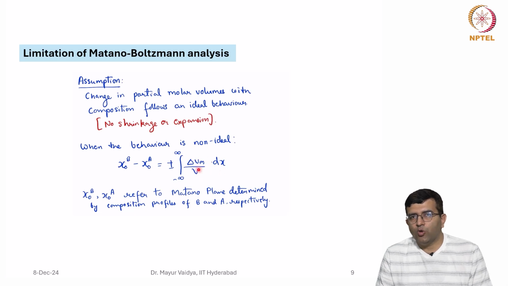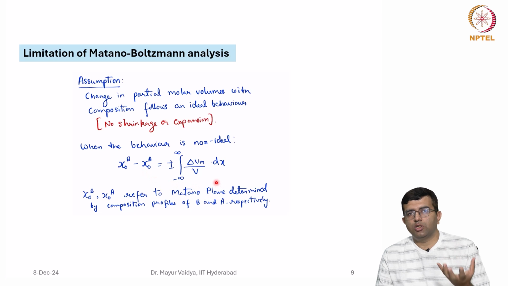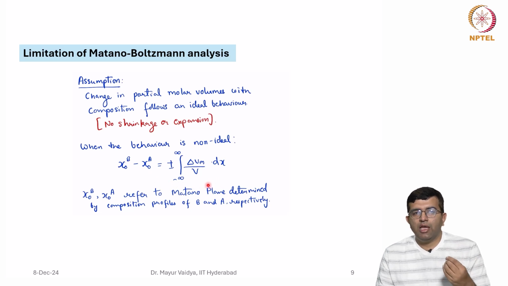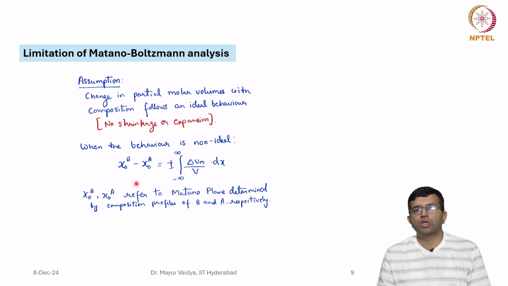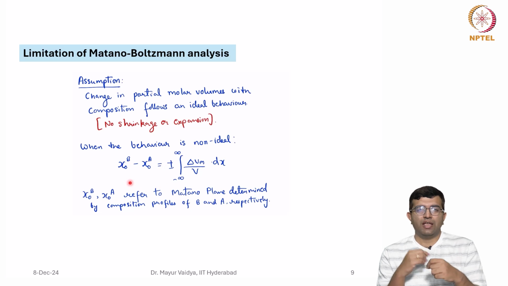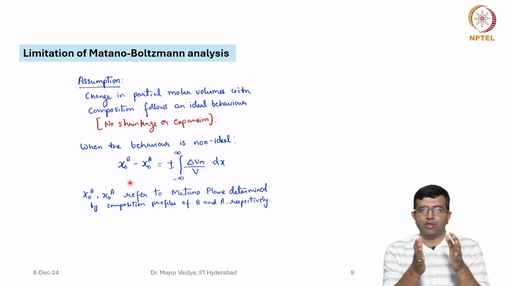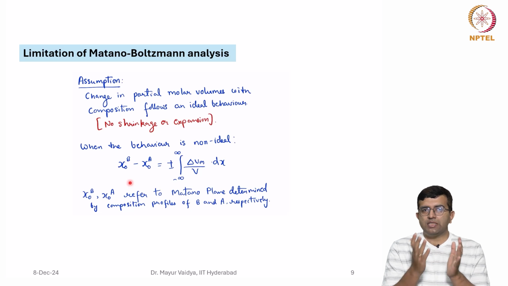If the change in molar volume is 0, then it will be ideal behavior, both the x naughts will be equal and the analysis holds good. However, if there is a change in the partial molar volume, then there can be an error introduced in the calculation of x naught. And if there is an error in x naught, then you can imagine that there will be an error in d tilde also. So that is the limitation.